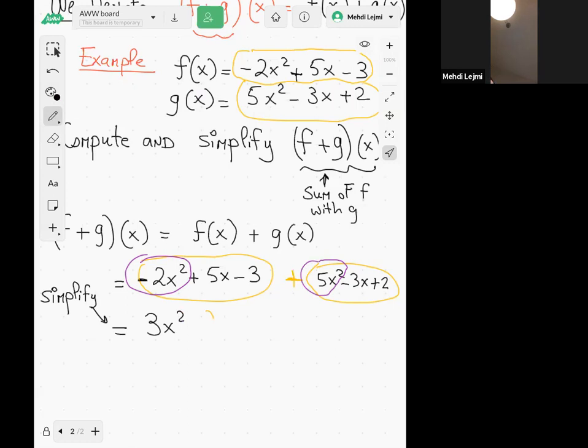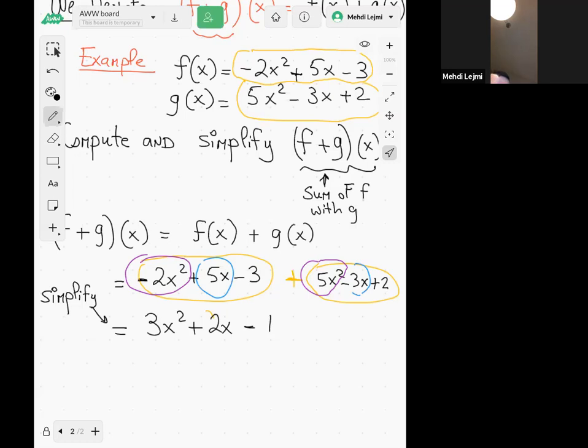And then we have plus 5x minus 3x, that will be plus 2x. Yes, Rabiul, absolutely, plus 2x. And then minus 3 plus 2, that's minus 1.